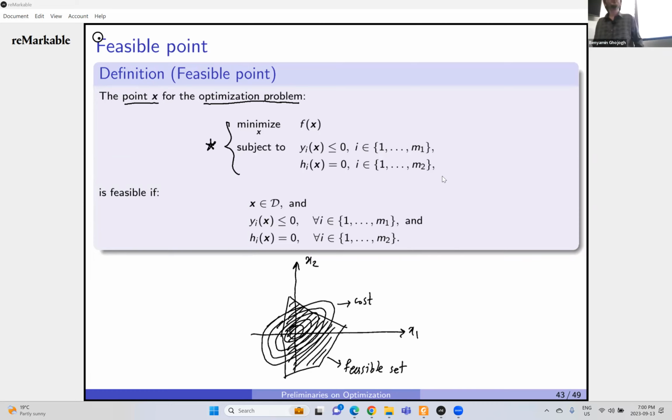Now, in this, I want to define something named a feasible point. A feasible point is a point which satisfies all of the constraints, equality constraints and inequality constraints. And then also, it is in the domain of the cost function as well, right? So it should satisfy all of these constraints. Also, it is allowed to be entered into the function f, right?